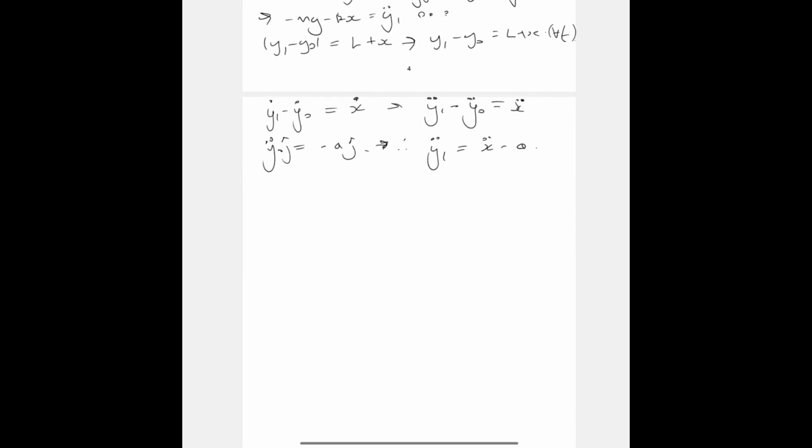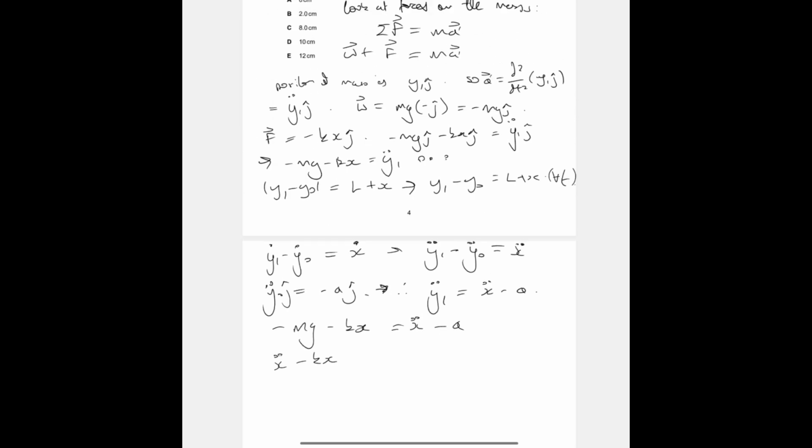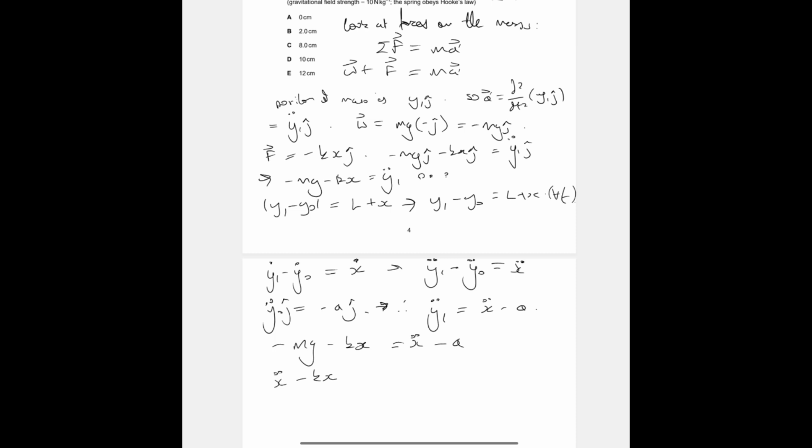Okay, nice. And now we can substitute this into the equation over here, and then we'll get minus mg minus kx equals x double dot minus a. Then if we get everything to one side, we get x double dot minus kx. What am I talking about? I forgot to write the m over here, because it's mass times acceleration, so sorry about that.